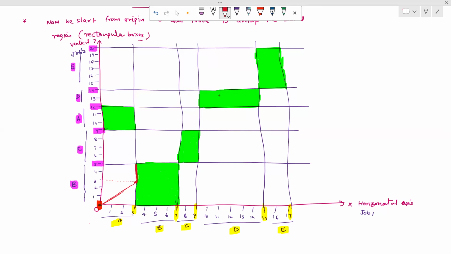How much time is job one idle? That means 2 hours, 3 to 5. So here we write down: idle time for job one is 2 hours. Now we are here.